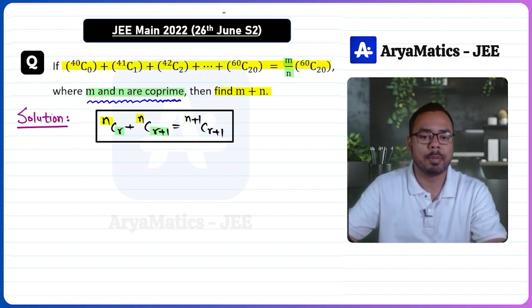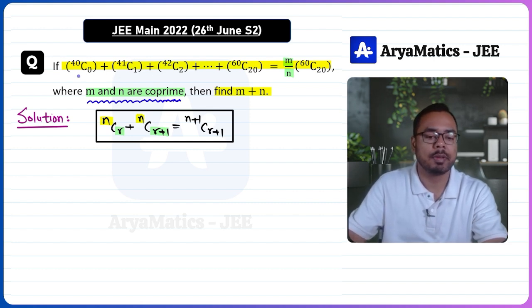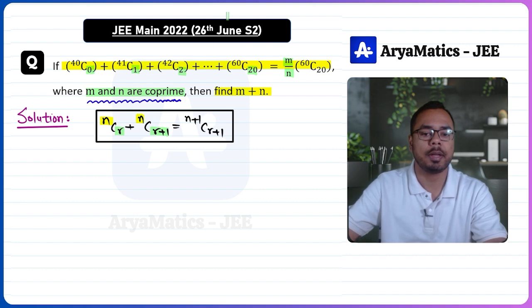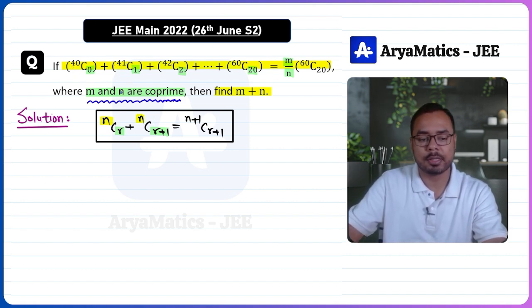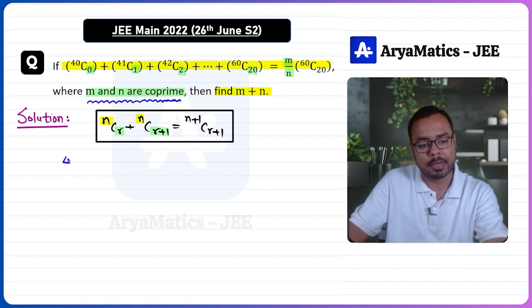Now, in this type of problem where you have a sum of binomial coefficients, and the lower number is changing, C0, then C1, C2 up to C20, you can think of this property. Let us write the left hand side. Left hand side is 40C0 plus 41C1 plus 42C2.